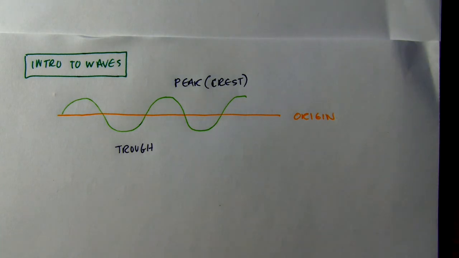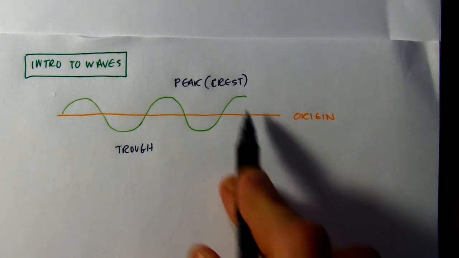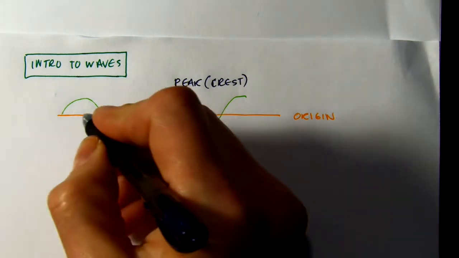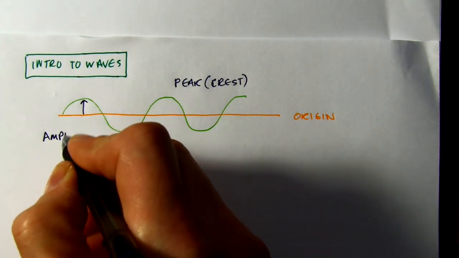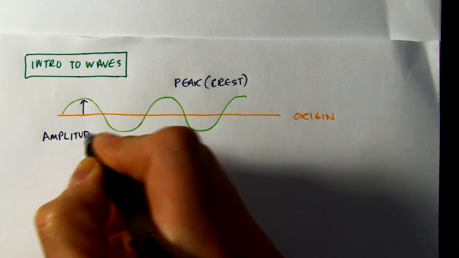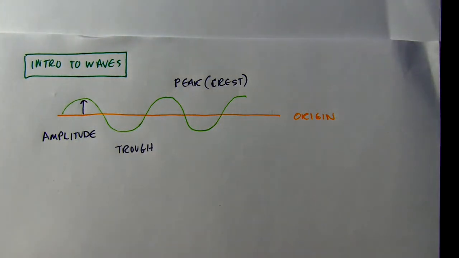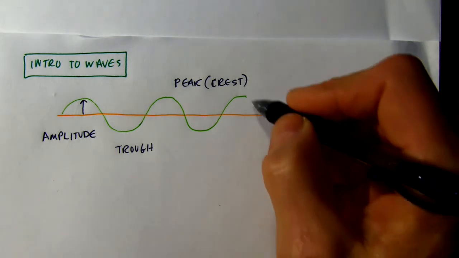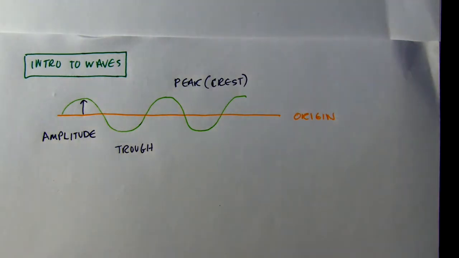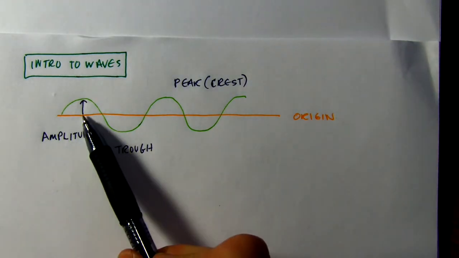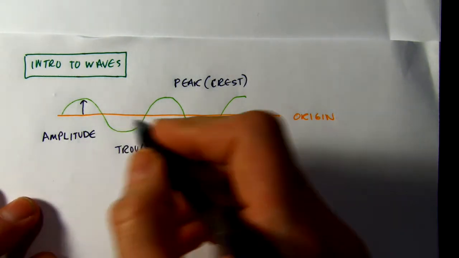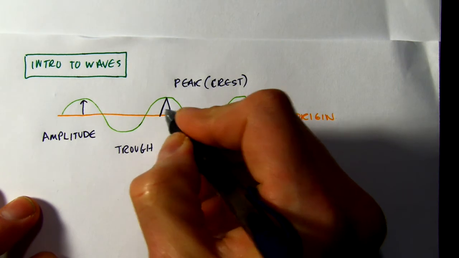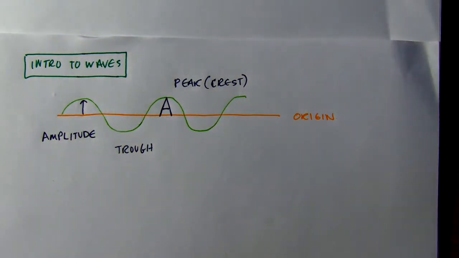And this is the displacement from here. We could refer to this as the amplitude, right? And that's the height of the wave, kind of. Actually, the wave height is from top to bottom, but usually we only need to know the displacement from the origin. So you could imagine that you put a letter A there for the amplitude.